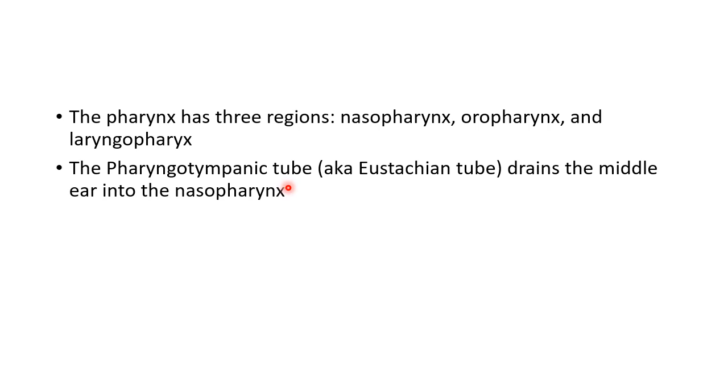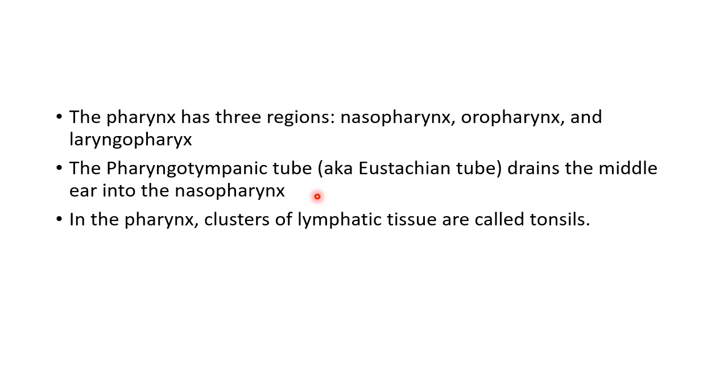So if you have, for example, an upper respiratory tract infection which started in your nose, it traveled into your throat, and eventually that infection can travel through the tube into the middle ear. In the pharynx, there are clusters of lymphatic tissue called tonsils.